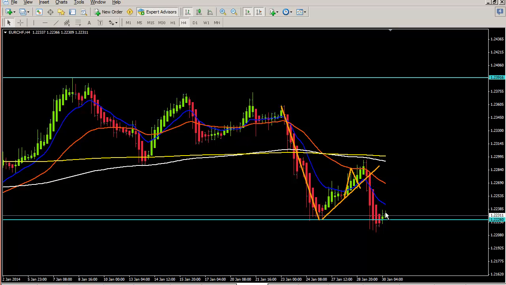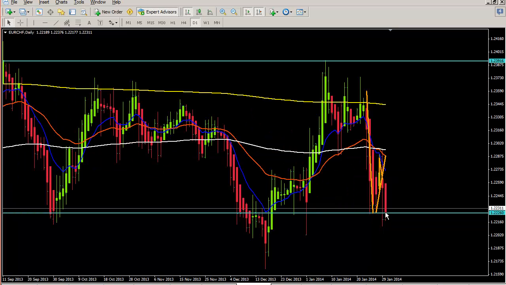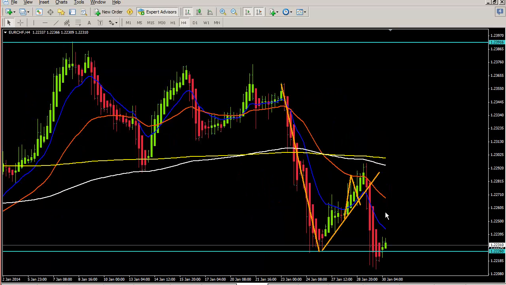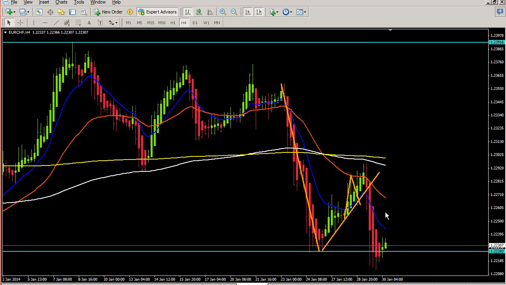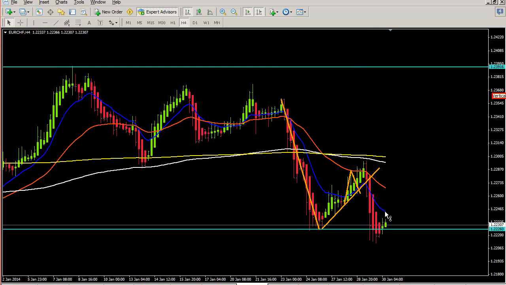Okay, so topping formation, daily chart, resistance, price broke. We have this range. Price bounced on the lows, retraced back, so that was the only thing we got. Went down about 50 pips, more or less. Yeah, so it's not the quickest pair, but that's the only entry we have.